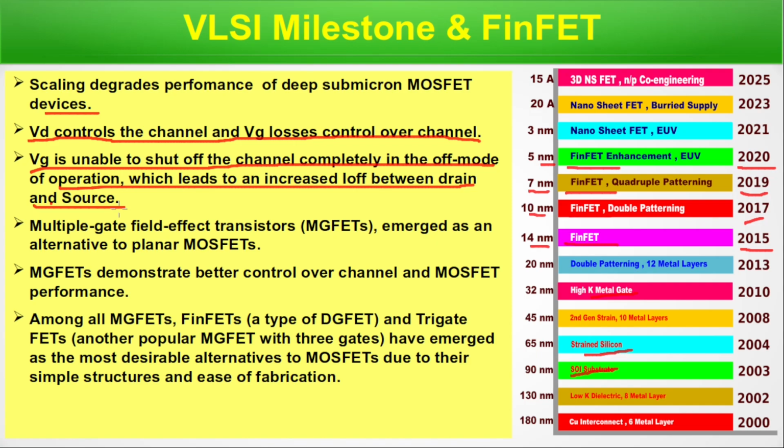Basic working principle of MOSFET: the channel must be created by the gate voltage, and with the use of drain voltage, there will be a constant flow of carriers from source to drain. In this way, the circuit will get completed. This is the basic principle of MOSFET. This happens ideally when the source is quite far away from the drain. Potential at the drain end is higher compared to the source end.